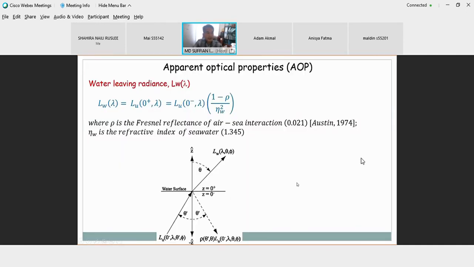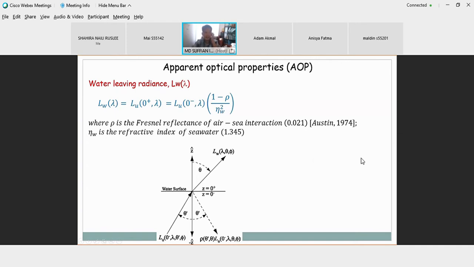From the formula for Lu, 0+ is light just above the surface. If you have an instrument to measure upwelling radiance, Lu, we can calculate the upwelling radiance just below the surface. 0+ is just above the surface, 0- is just below the surface.